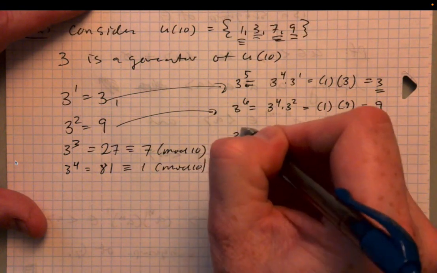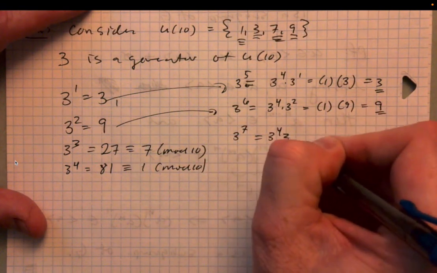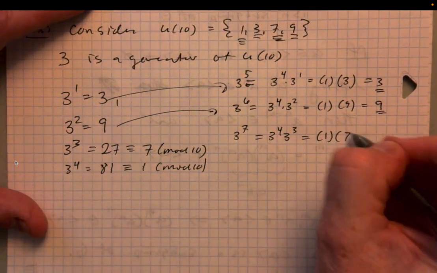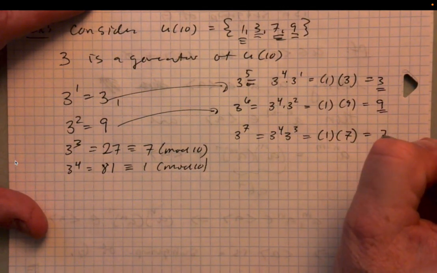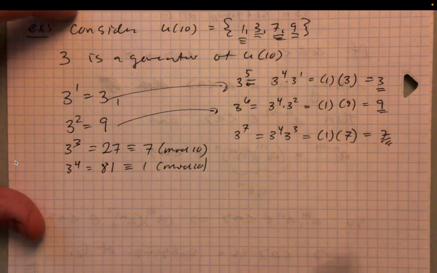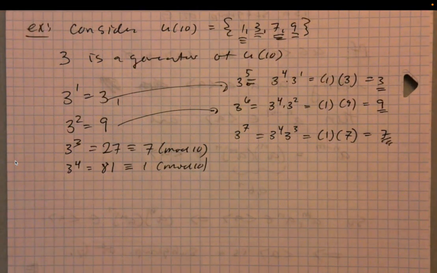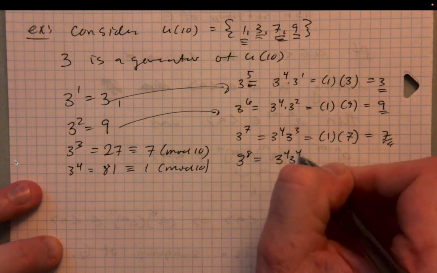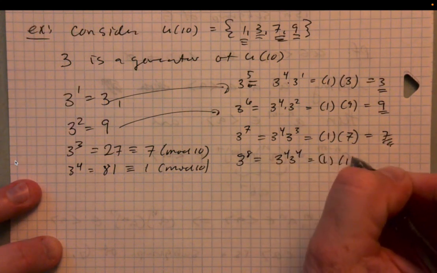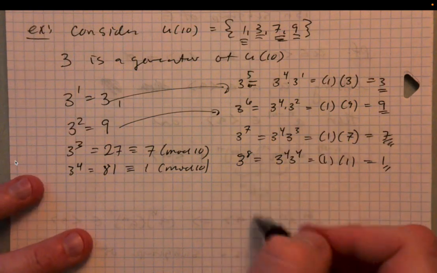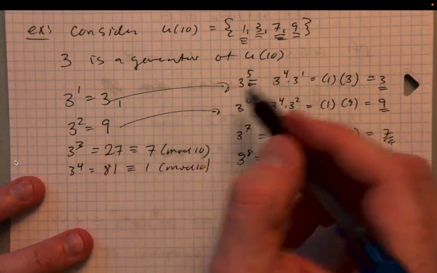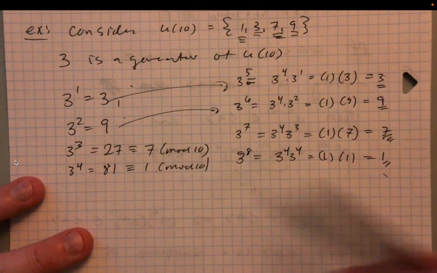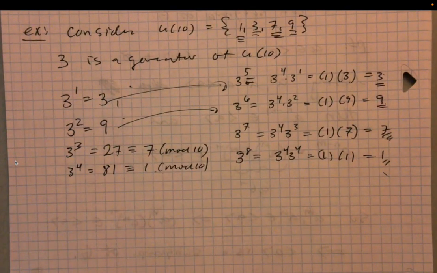The next one would be 3 to the seventh, which is 3 to the fourth times 3 cubed, which is 1 times 3 cubed, and 3 cubed is 7. Right, and so on. 3 to the eighth equals 3 to the fourth times 3 to the fourth, which is 1 and 1, which is 1. And you could keep going, and you'll see that it just goes 3, 9, 7, 1, 3, 9, 7, 1, and then the next round would go 3, 9, 7, 1, 3, 9, 7, 1.